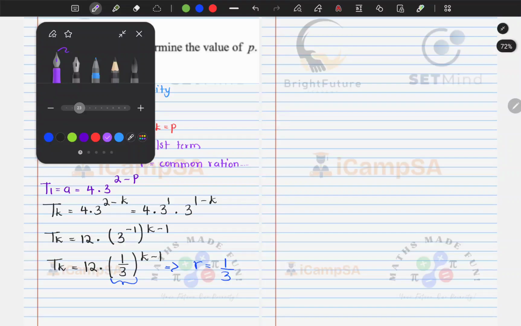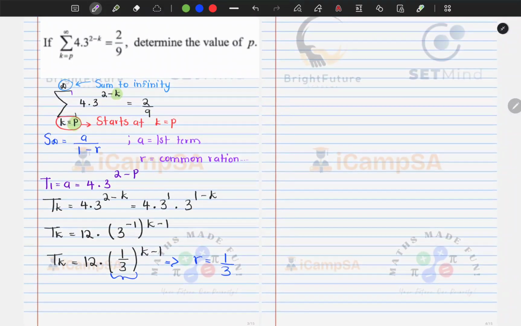For the first term, I just need to substitute what we have here. For the first term, which is T1, we substitute wherever we see k with p. So T1 will be 12 times 1 over 3 to the power of p minus 1.